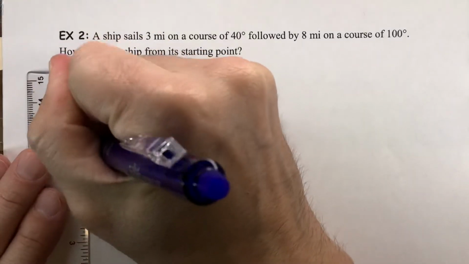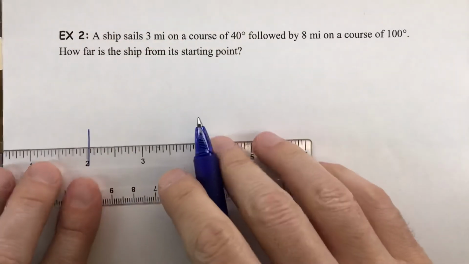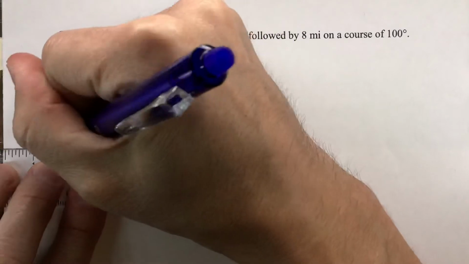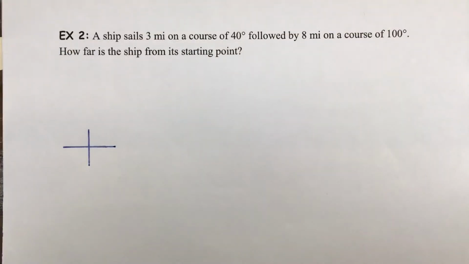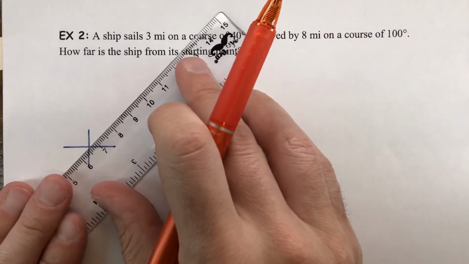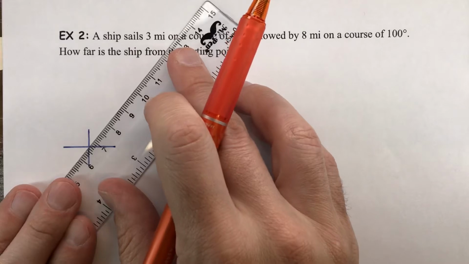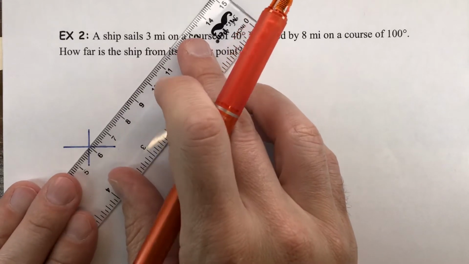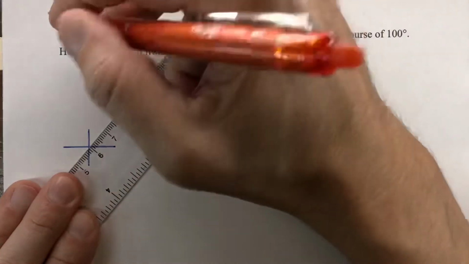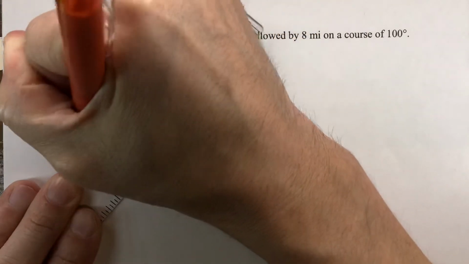We'll go ahead and do a quick sketch here, and we'll try and get it scaled out somewhat nicely. 3 miles at 40 degrees. 40 degrees is going to be a little bit more the north direction with this. I should probably do these in centimeters if I want to keep it scaled nice.